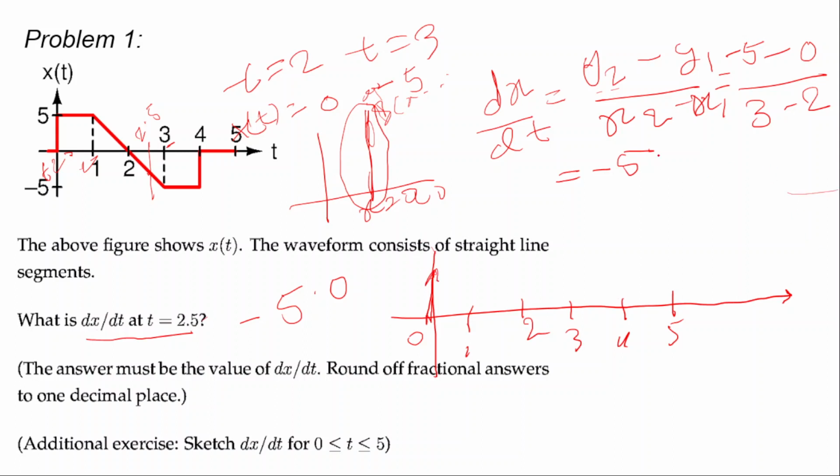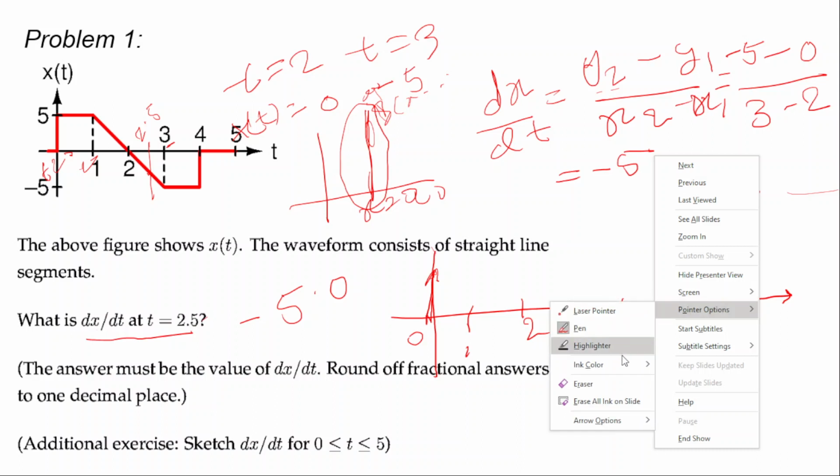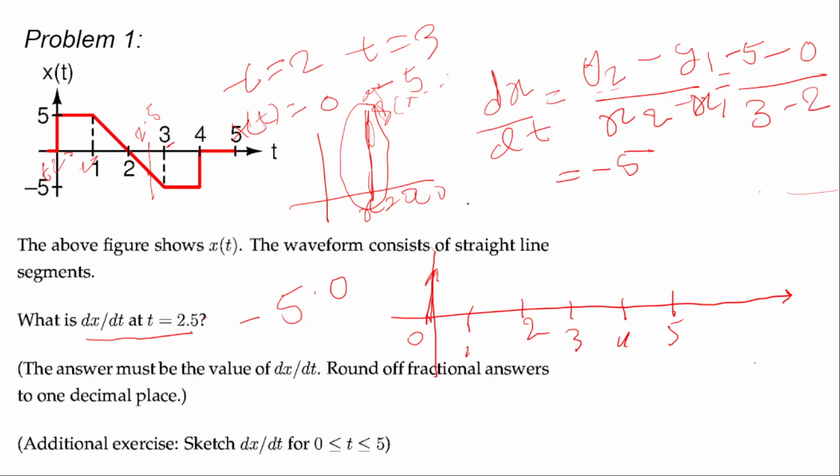Let's draw with a different color. Now at t equals 0, this is one impulse function.